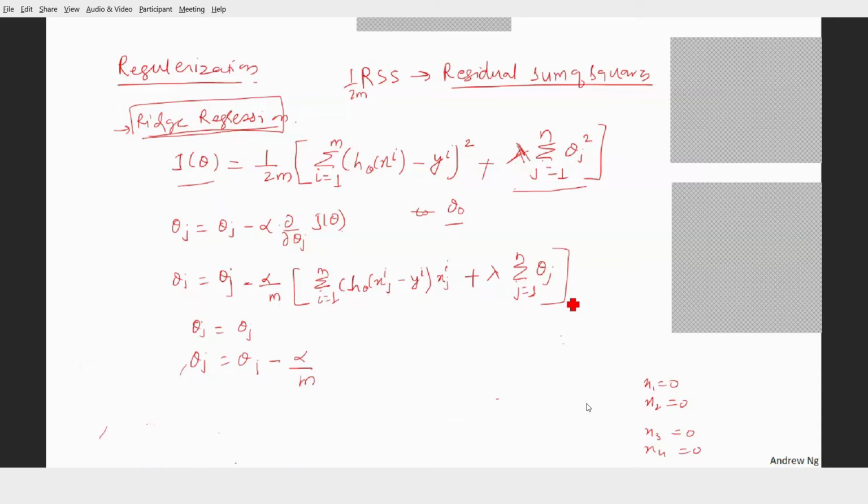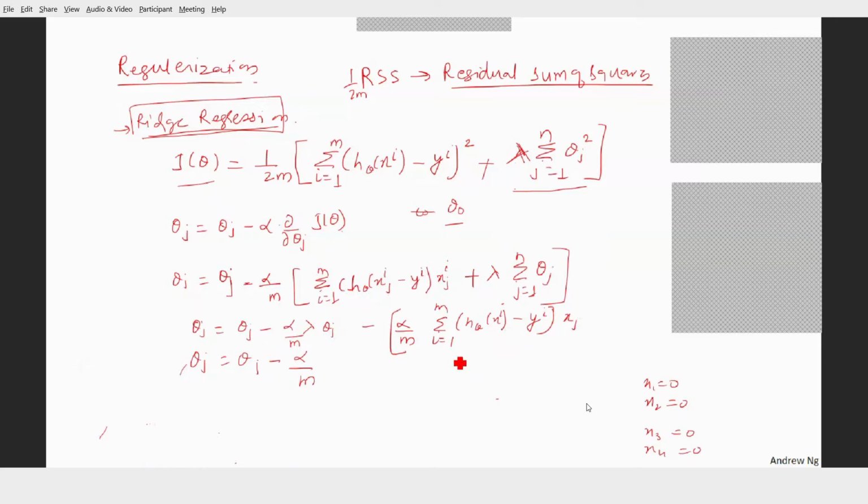I'm going to bring this term out, and what I see is that this is equal to minus alpha upon m into lambda theta j, and minus alpha upon m, and the same thing, summation of i equal to 1 to n, h theta x minus y, this is i, this is i, into x j.